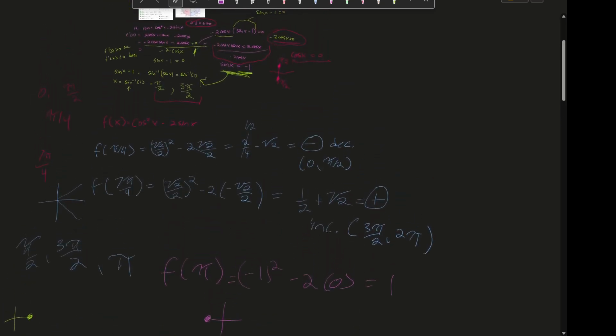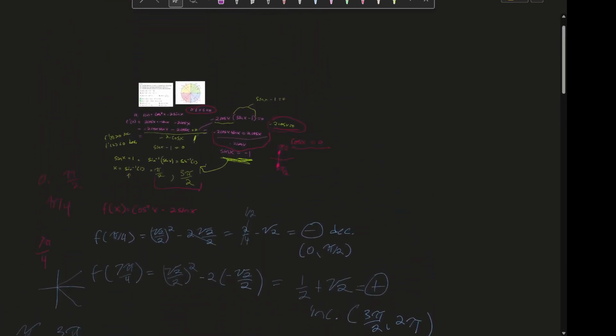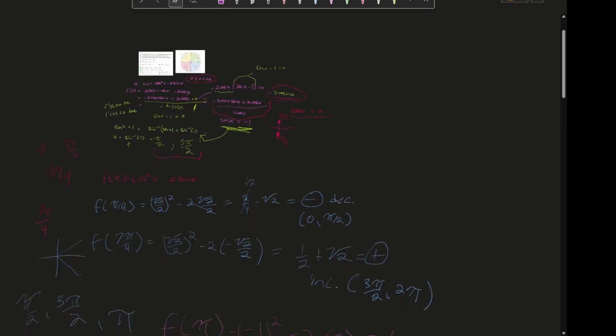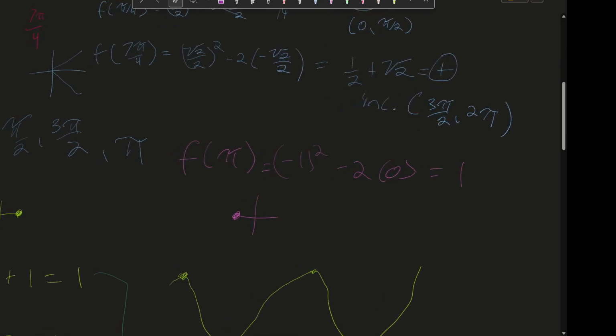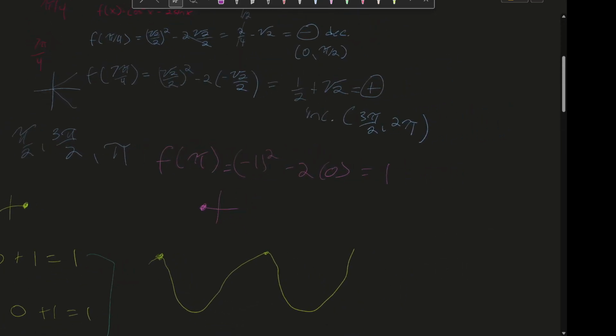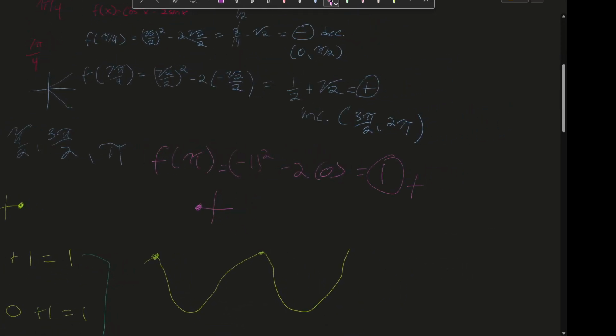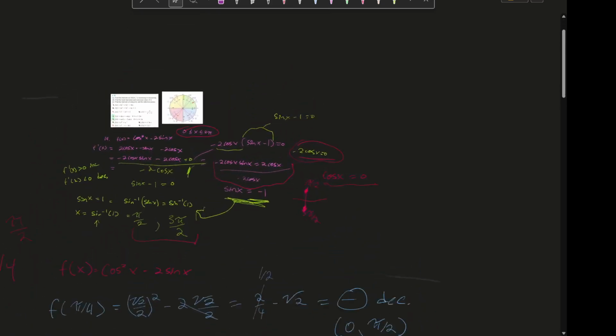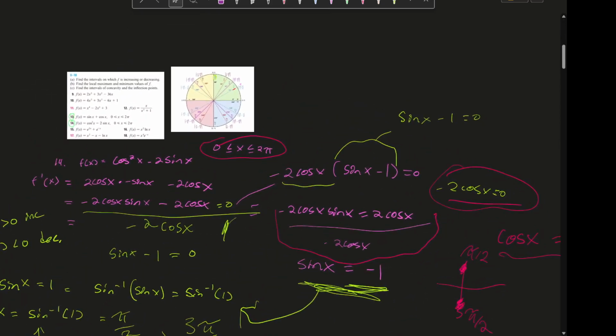I'm pretty sure, I don't have a calculator, but you just take that and square it. Yeah, I'm tripping. All right, 1. So that's positive, and it's going to be increasing on pi over 2 to 3 pi over 2. Somewhat painful, but there we got that there.